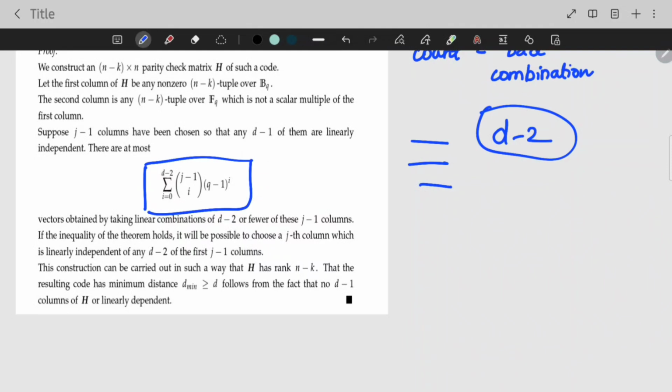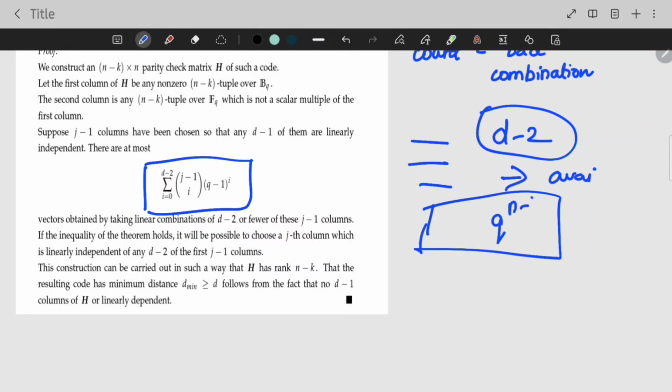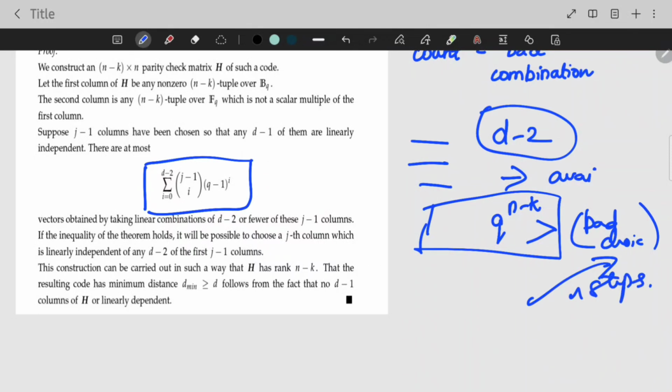So, how do we know that there is a good vector to choose? If the total number of vectors available, q to the power n minus k, is greater than all possible bad choices across n steps, then we can always find such a good vector.